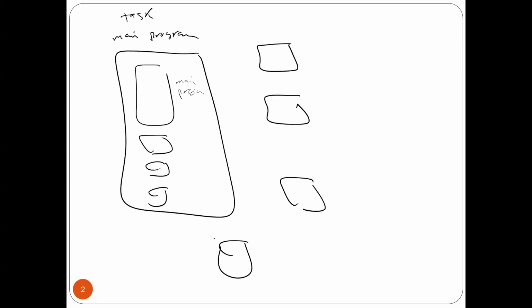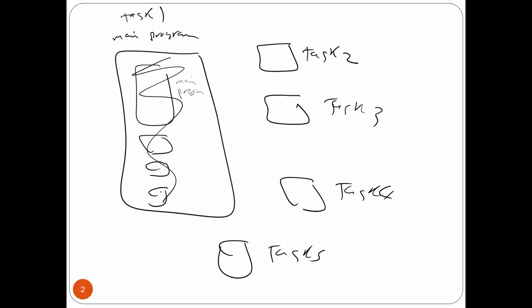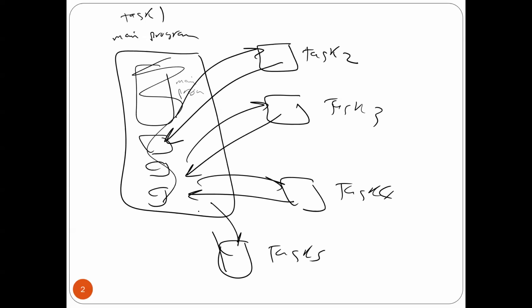This one is running task 2. We have task 1, task 3, task 4, task 5, so in total I have 5 tasks. In the main program, I run one task. Every time there is an interrupt, I go execute, come back, go execute, come back, go execute and come back, go execute and come back.